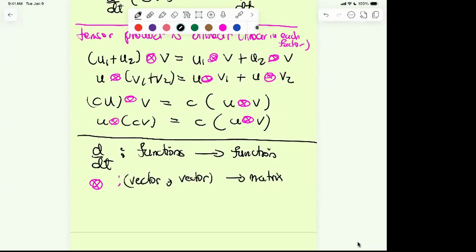Because it has two factors, the next best thing you could ask for is to be able to add in each factor separately, because you have a vector here and a vector here. You can do a sum of vectors here or a sum of vectors here. The tensor product just asks for it to split over each of the pieces.